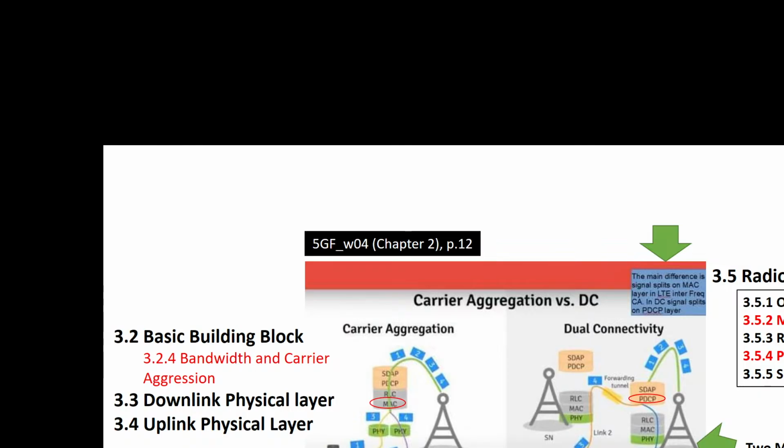So they have to split the data. So the blue one is the master cell group. The yellow line is the split, secondary cell group. Anyway, we know this is split in the PDCP, but this one is split in the MAC.